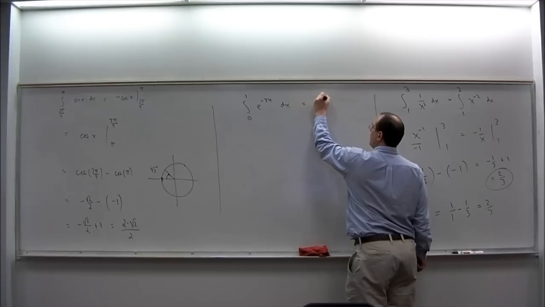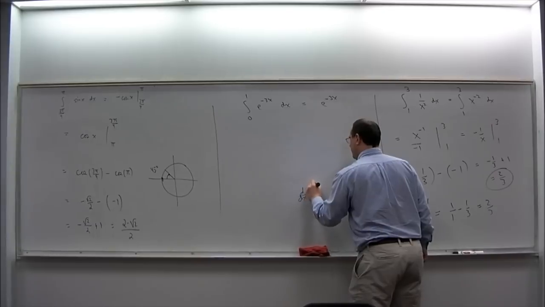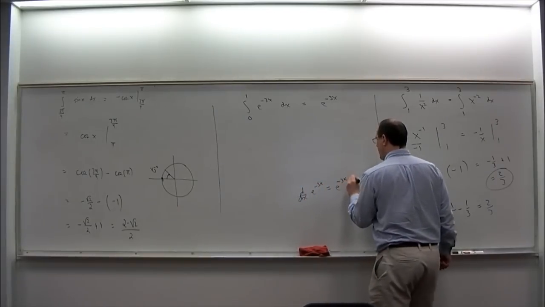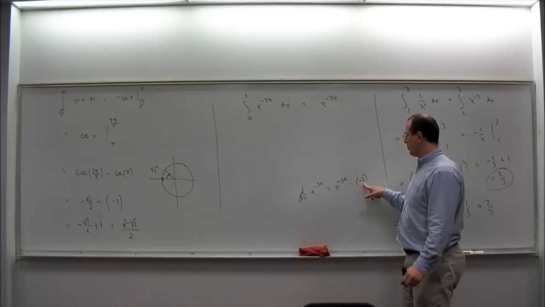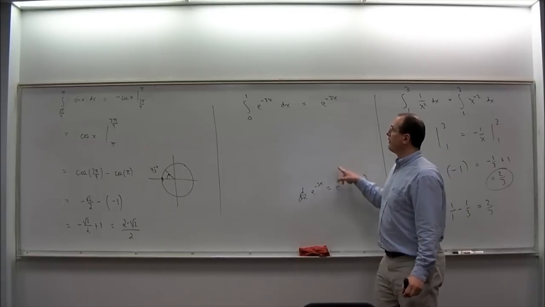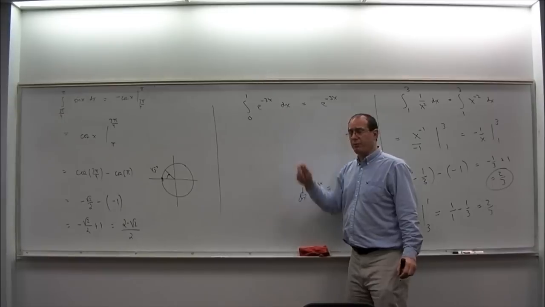One guess would be e to the negative 3x, but if you take the derivative of e to the negative 3x, you get e to the negative 3x times an unwanted negative 3. We're not interested in this negative 3 times e to the negative 3x. We want our derivative to simply be 1 times e to the negative 3x.